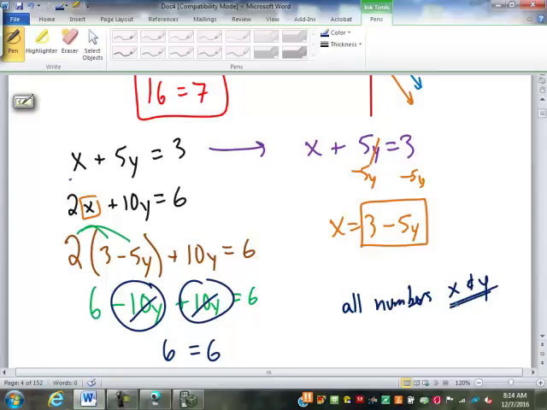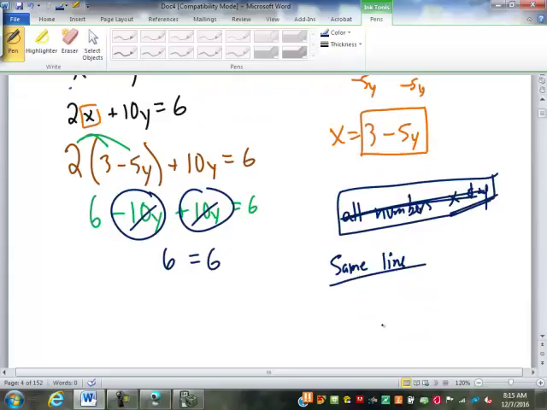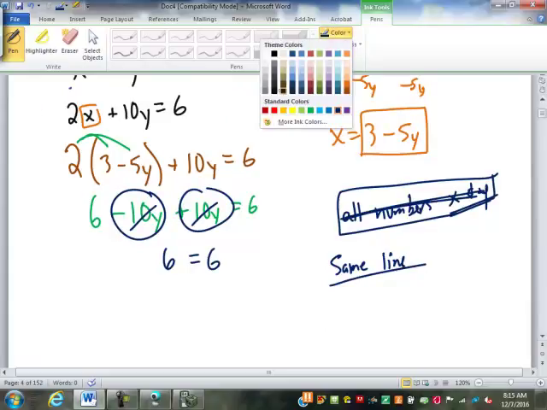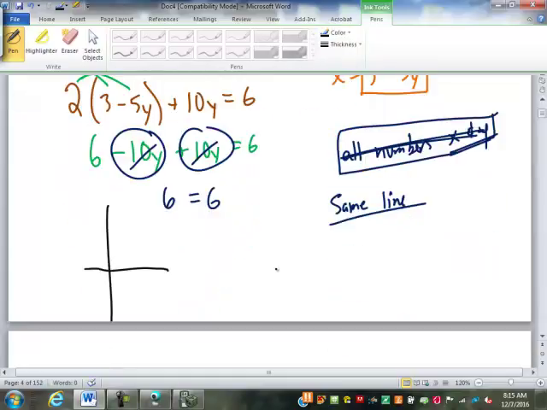Now, when I say all numbers x and y, that's a little misleading. I should probably word it more like this. Those are the same line. If I were to graph those, that top equation, x plus 5y equals 3, is going to look like this.